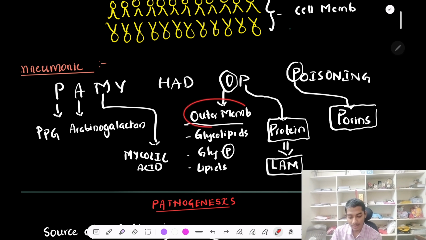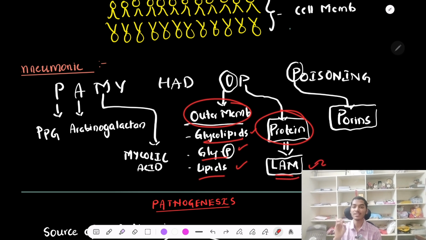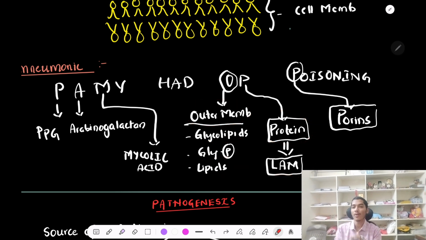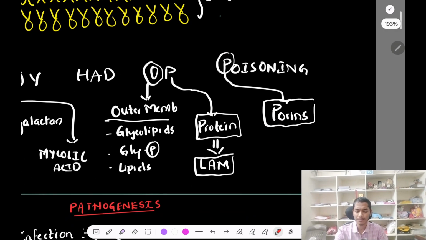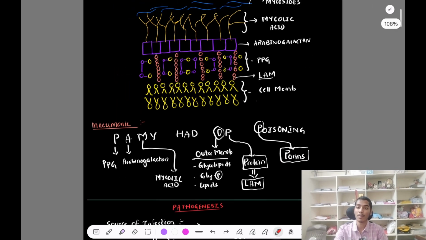The outer membrane consists of glycolipids, glycoproteins and lipids. P stands for protein, that is lipoarabinomannan, which is responsible for the pathogenesis of Mycobacterium tuberculosis. The other P stands for porins. These porins are very important and are present in the morphology of Mycobacterium tuberculosis.